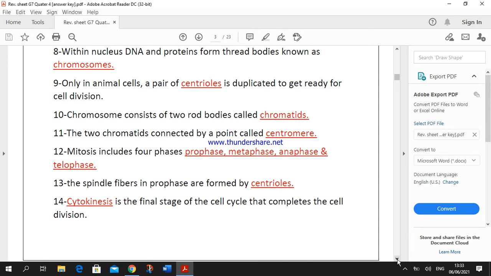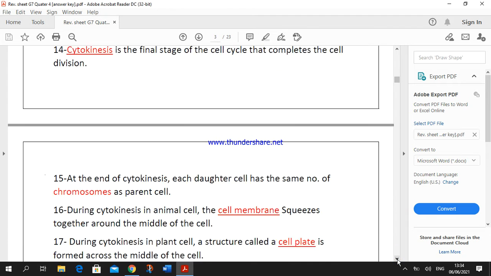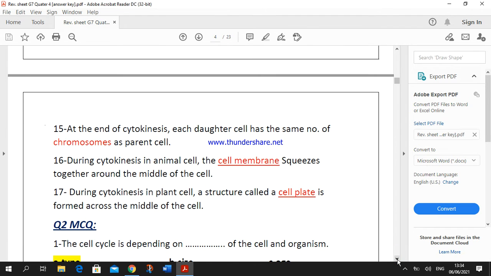14, cytokinesis is the final stage of the cell cycle that completes the cell division. Number 15, at the end of cytokinesis, each daughter cell has the same number of chromosomes as the parent cell. 16, during cytokinesis in animal cells, what happens to the cell membrane?